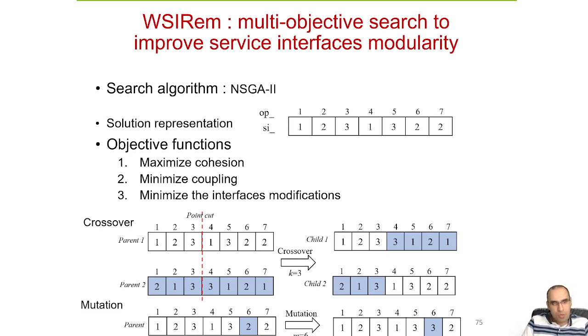For crossover, we use a single point crossover, and for mutation, we randomly select one or more dimensions and replace them by other dimensions. So, for example, if operation 6 was assigned to interface 2, then we change it to interface 3 by mutation.